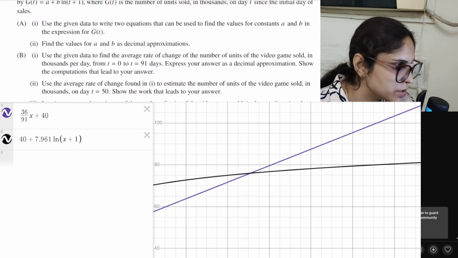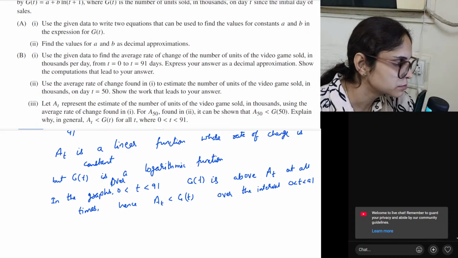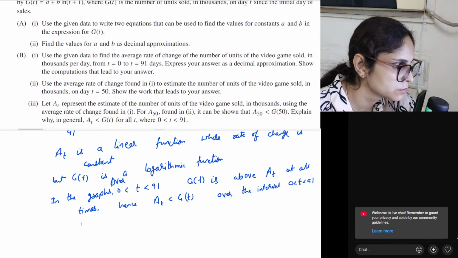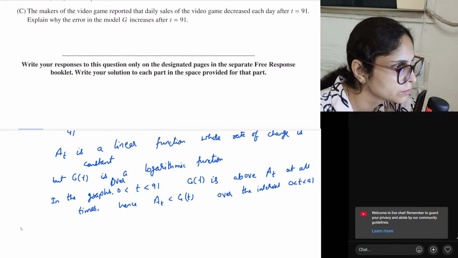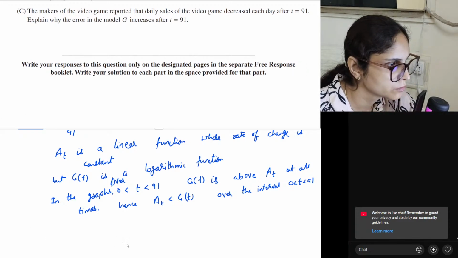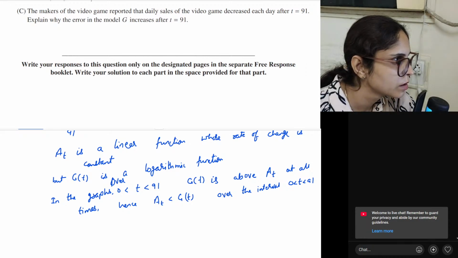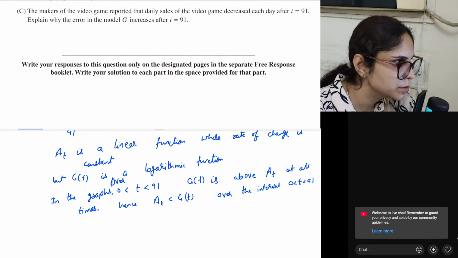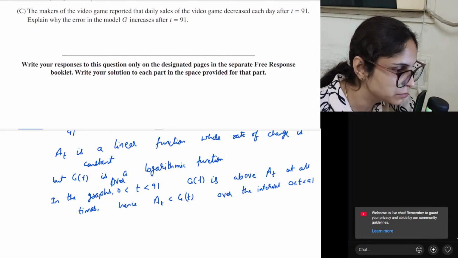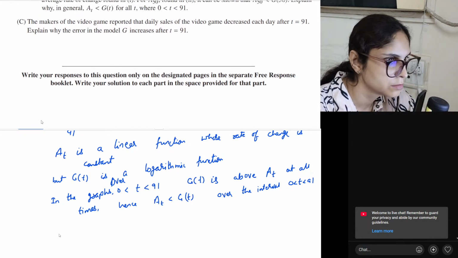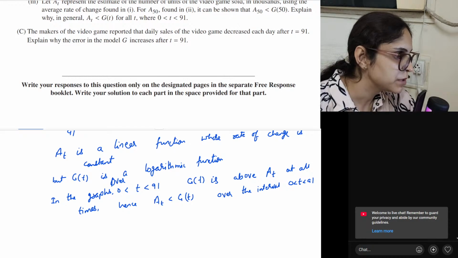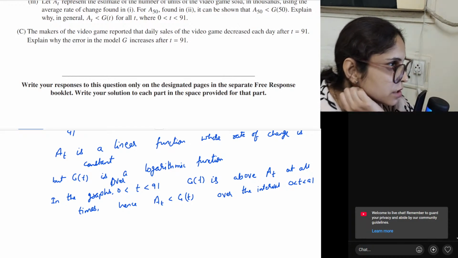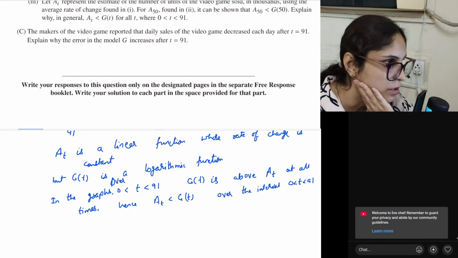So what is the question trying to ask? The makers of the video game reported that daily sales decreased each day after T is equal to 91. Explain why the error in the model G increases after T is equal to 91.